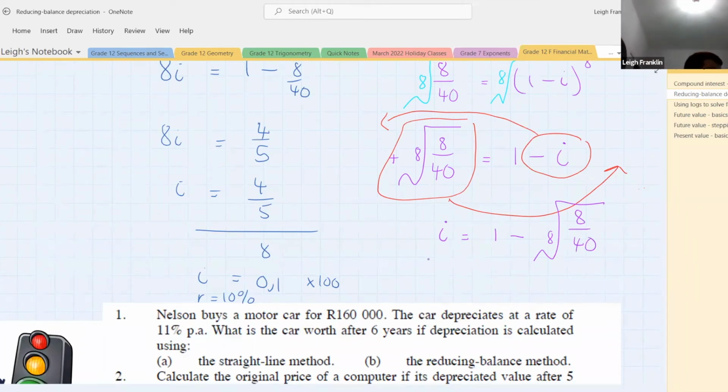Okay, and then I can do that on my calculator. So we're going to say 1 minus the 8th root of 8 over 40.